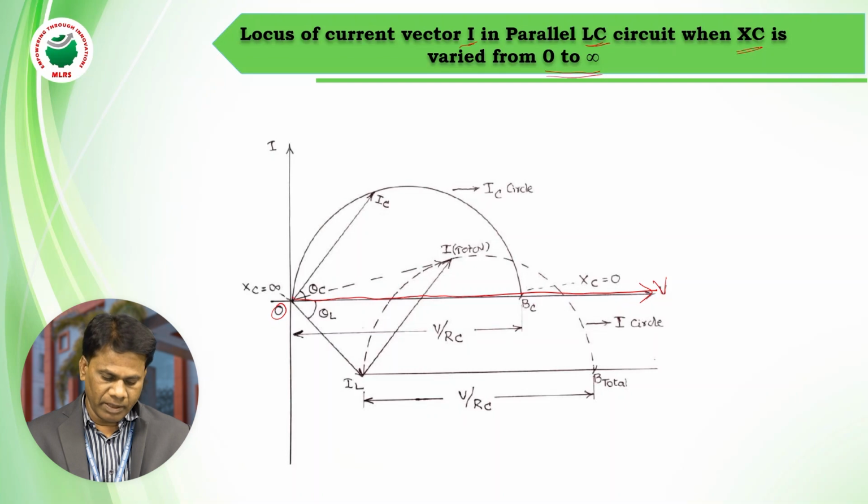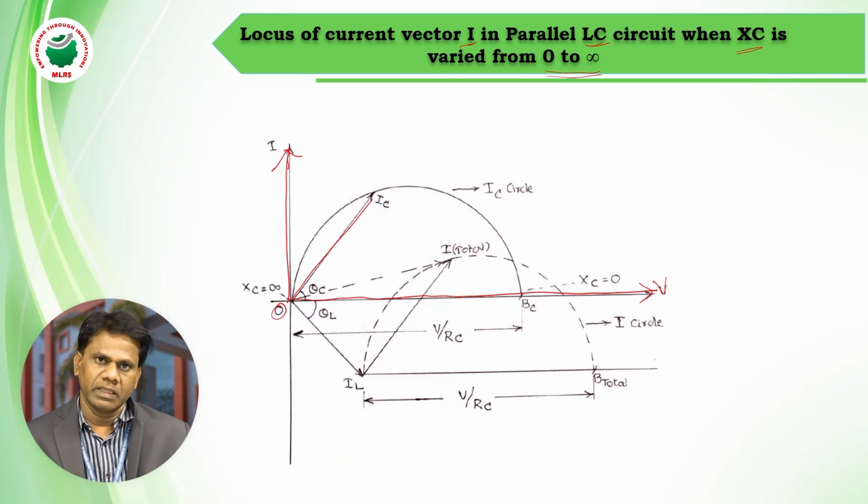We know that in a capacitance, current is leading. The X-axis is the voltage vector OV, and the Y-axis is the current vector OI that I am considering.